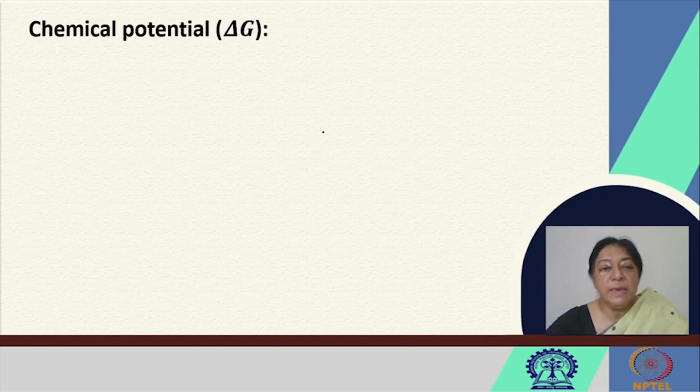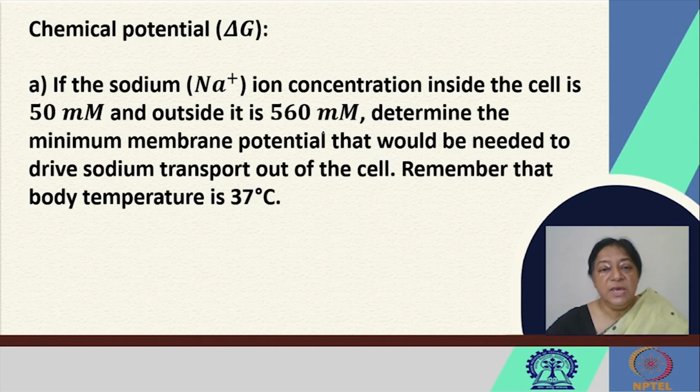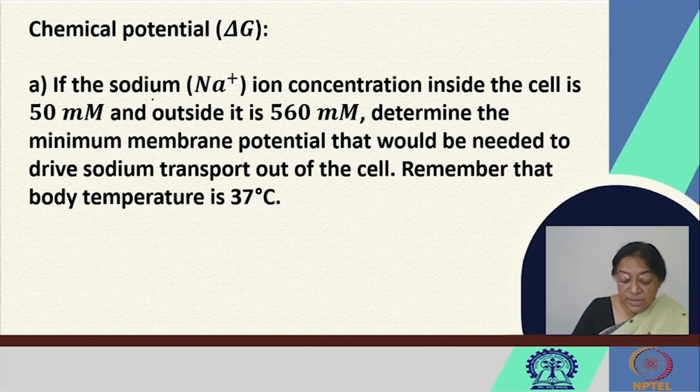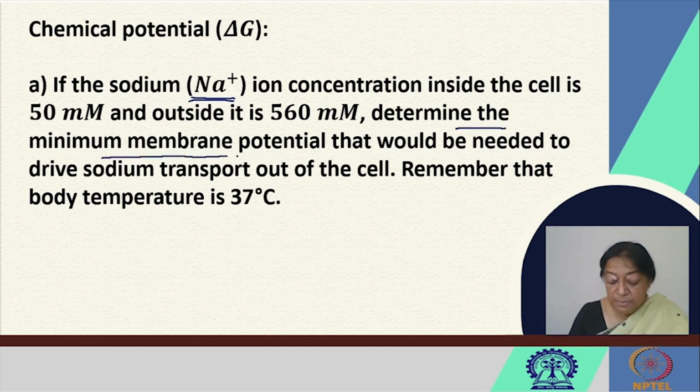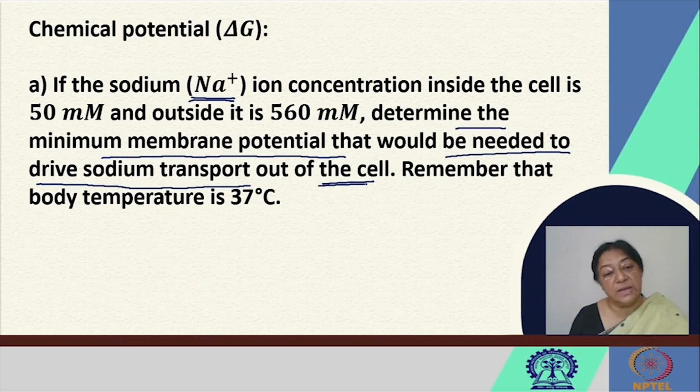When we look at the chemical potential delta G, we have now another situation where the sodium ion concentration inside the cell is 50 millimolar and outside it is 560 millimolar. The question is that we have to determine the minimum membrane potential that would be needed to drive sodium transport out of the cell.